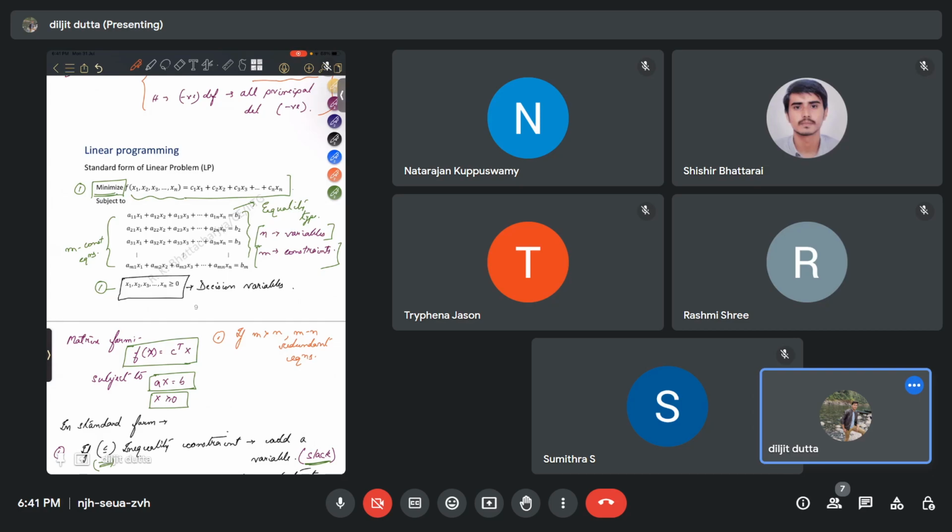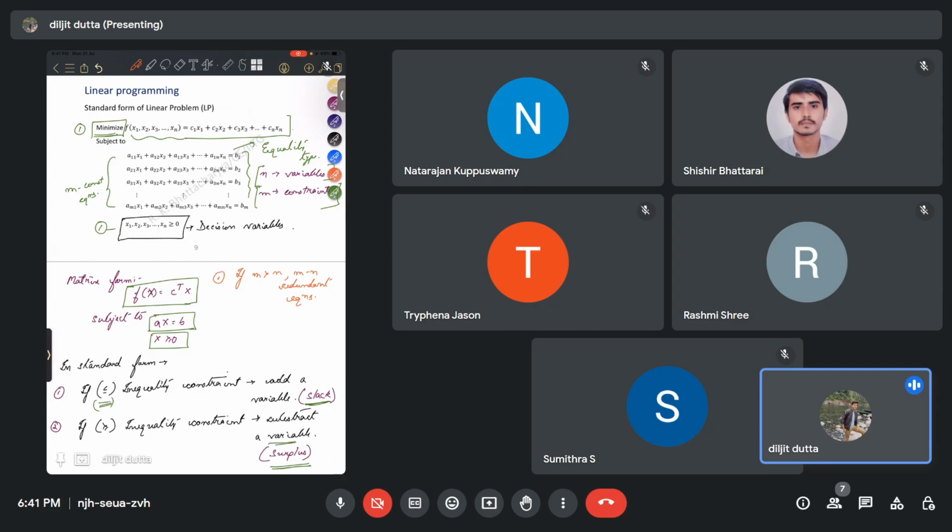These equations can be eliminated from the problem, and you can solve the problem on the remaining equations. The remaining equations are called the pivot equations, and the other equations are redundant equations. And if m equals n, we will have a unique solution or no solution.